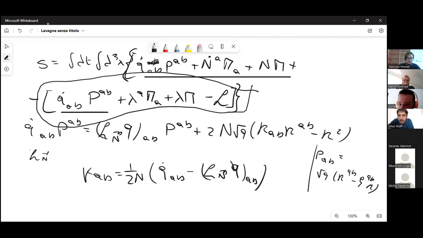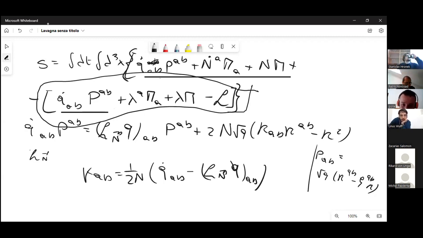Yes, exactly. But he's replacing the velocities with momenta, so the Hamiltonian should depend on the momentum. Right, but that's all that's going on. P AB is the momenta associated to Q, but you can express it completely in terms of Q and the exterior derivative.